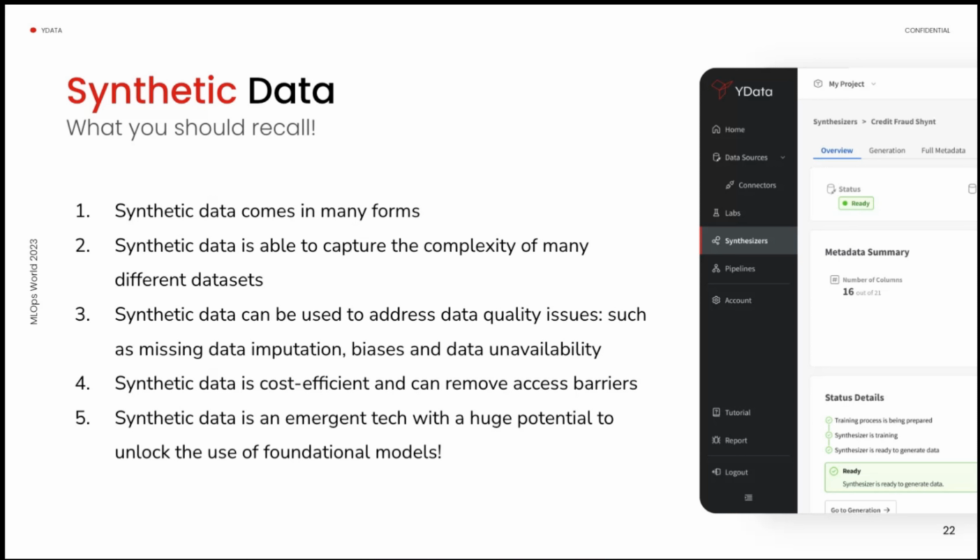I'll take one last question, which is how generative AI can be used to generate synthetic data that meets the data quality criteria. So there are several models. All of those that I've mentioned today can be used to generate synthetic data that meets data quality criteria. Nevertheless, there are things that impact the choice of the model.